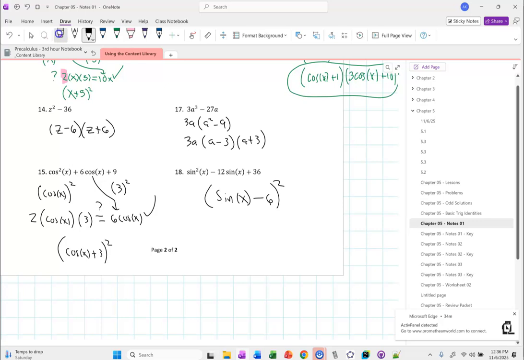Now I'll make a comment here. Students love to do this. What's wrong with what we just wrote? Where's the x, right? The x's need to be there. If you drop them, I'm going to make a deduction on a quiz or a test that's not correct without the variable.